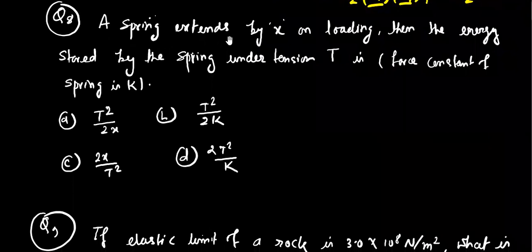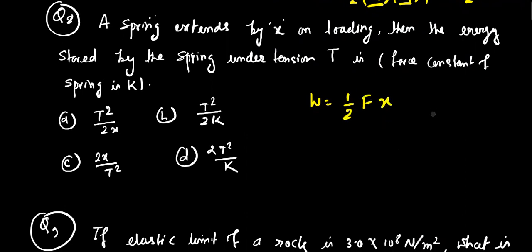A spring extends by x on loading, then the energy stored by the spring under tension T is, where the force constant of the spring is K. So as we know, energy stored while extension is 1 by 2 F times extension, and this force is tension, so it can be written as T times x.